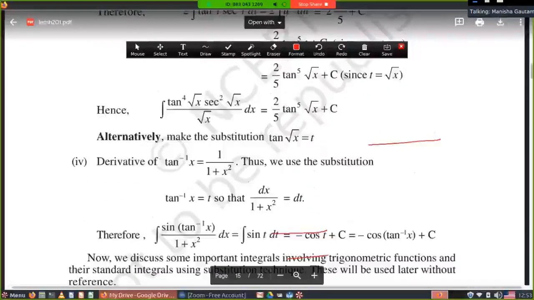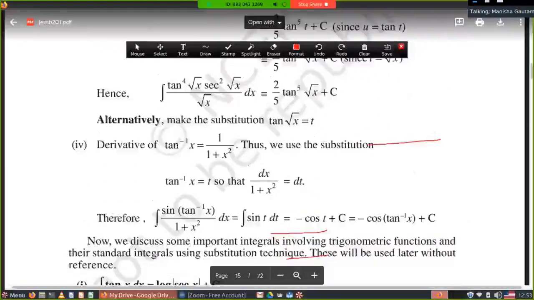Now, the next one: in the fourth part, the question is integration of sine tangent inverse x upon 1 plus x square.